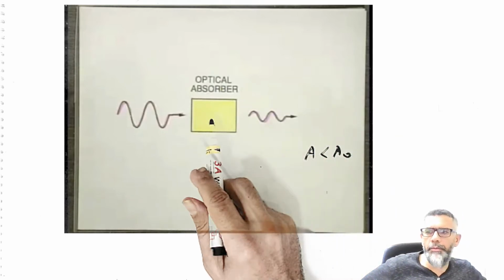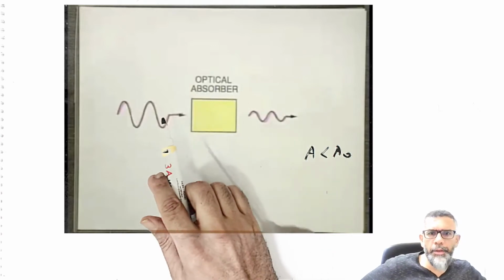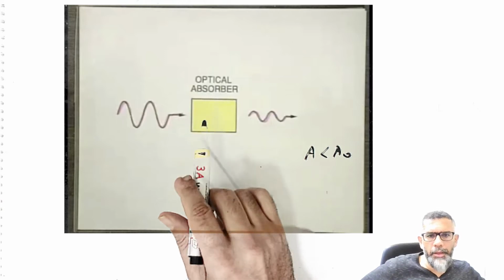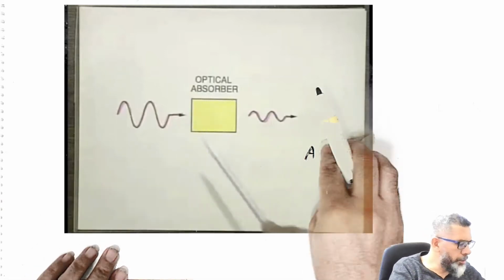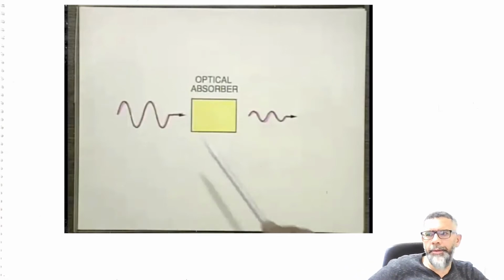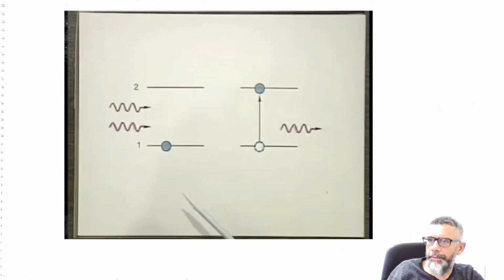In that case, we call this system an optical absorber. If it just decreases the amplitude of an optical signal, that thing is called an optical absorber. So we have to know what absorption and amplification mean. That's why I started with these definitions.